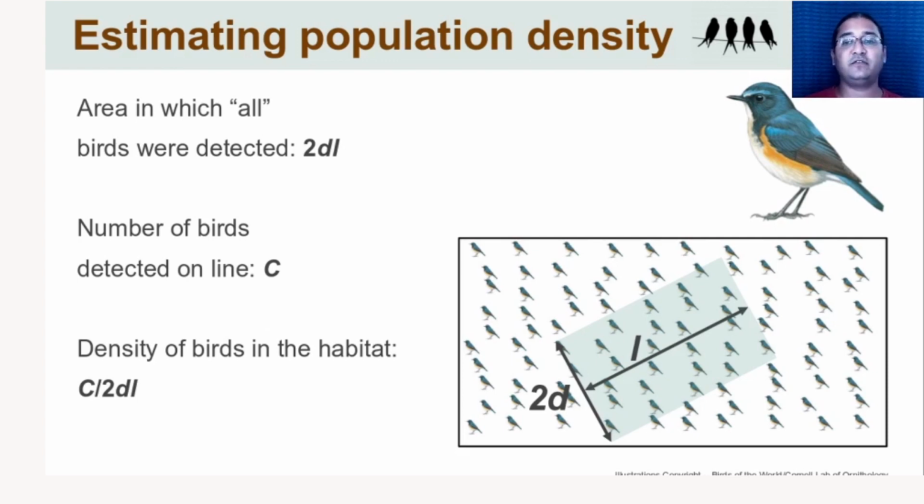The number of birds totally detected on the line is the raw count of birds that we have actually observed, which is C. And therefore, the density of the birds in the habitat per unit area is C divided by 2DL.